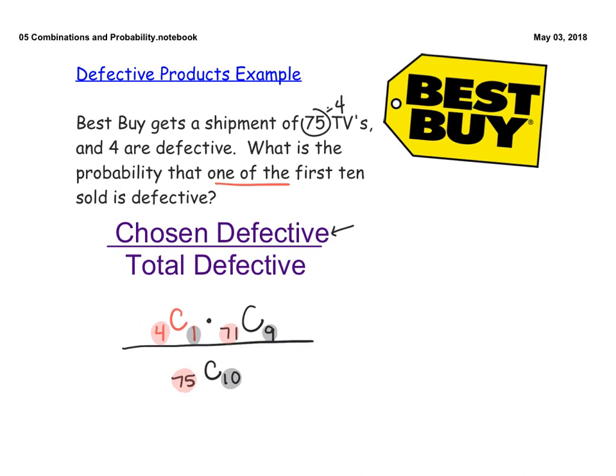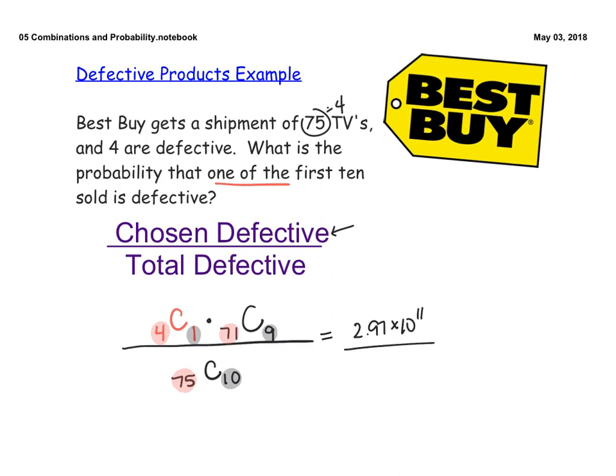Okay. So now what I have left to do is to put the numerator in my calculator. And the numerator ends up being something really large. 2.97 times 10 to the 11.